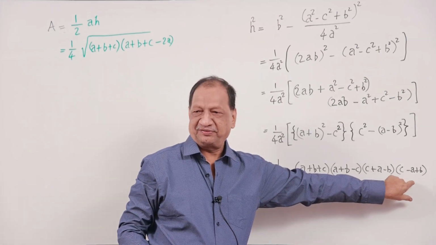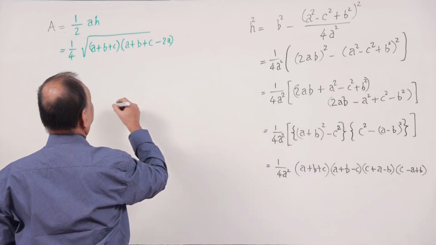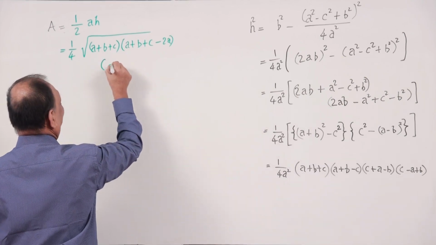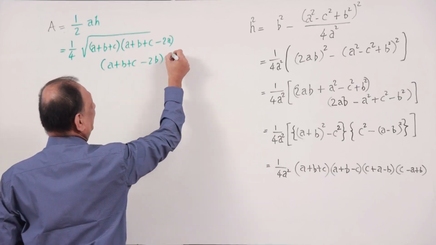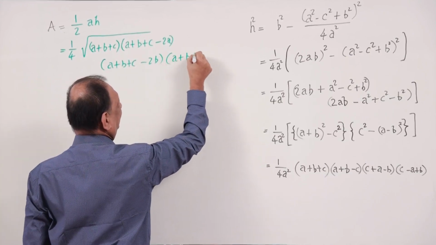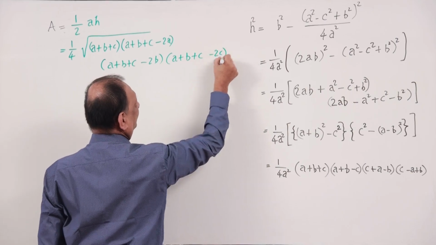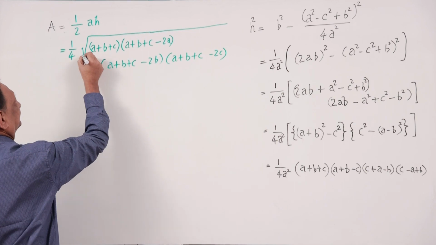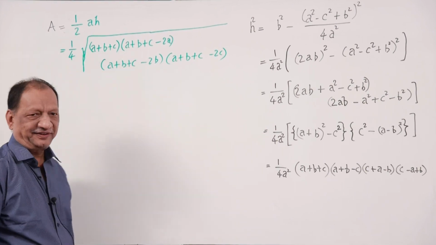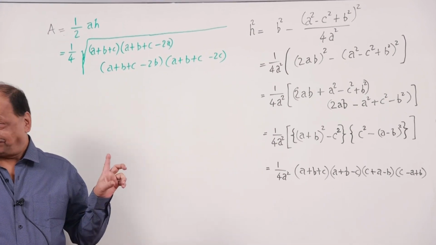That is the last expression. Multiplied by a plus b plus c minus 2b, multiplied by a plus b plus c minus 2c. Correct? Now, easier to remember.